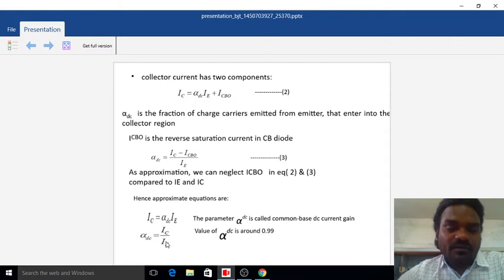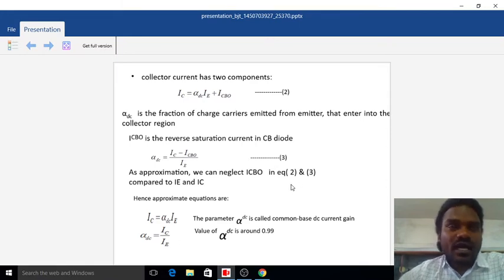And when the same transistor is connected in common emitter configuration, that current gain is denoted with beta DC. If the same transistor is connected in common collector configuration, then that current gain is named as gamma DC. So alpha is a current gain in common base configuration, beta is a current gain in common emitter configuration, and gamma is a current gain in the common collector configuration.